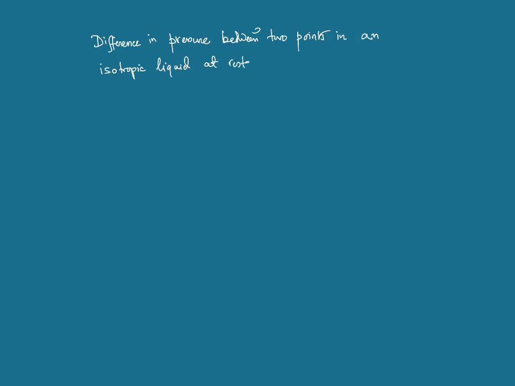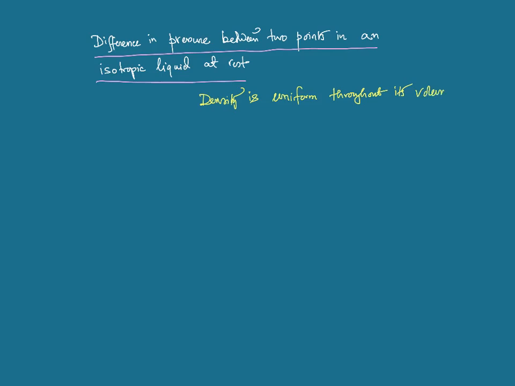Isotropic means same properties throughout the volume. That means we mean to say that the density is constant. Density is uniform throughout its volume. That doesn't happen for a gas.